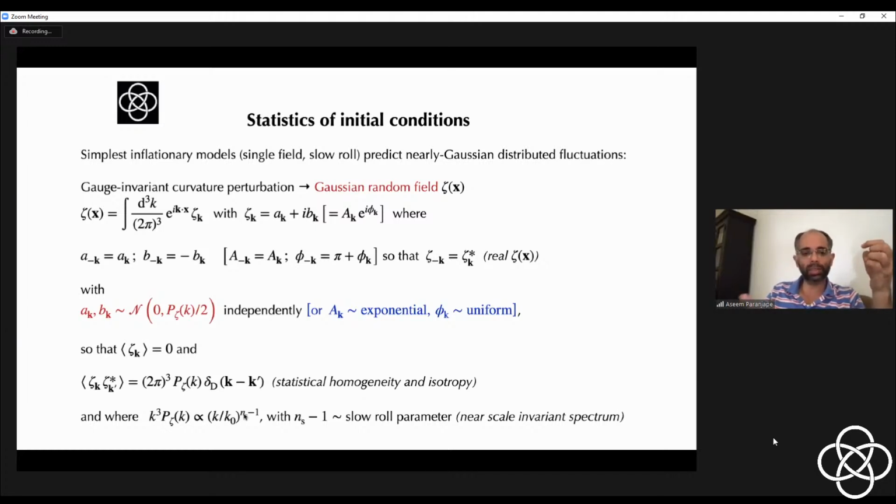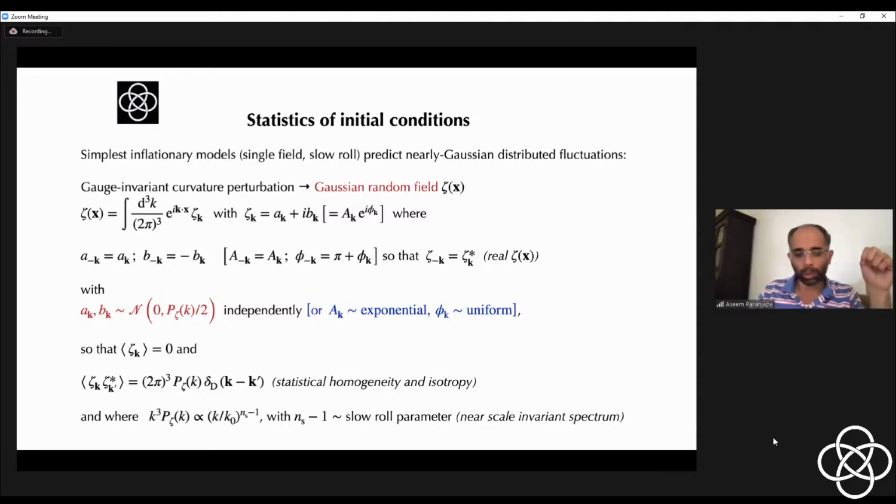Okay, its value is something like 0.97 or so. So this is a very interesting relation between inflation and observations. There are others which I will not discuss. And this particular spectrum is called a nearly scale invariant power spectrum. Nearly scale invariant because this k cubed p zeta is almost independent of the wave number k.